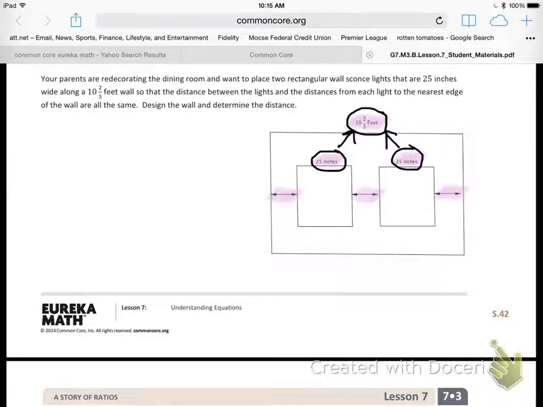Presently, they are in feet up here. This is in feet, and then these down here are in inches. So, decision number 1, decide which unit of measurement you will convert to.